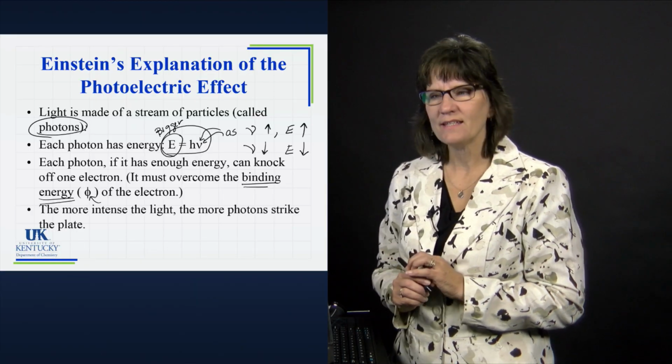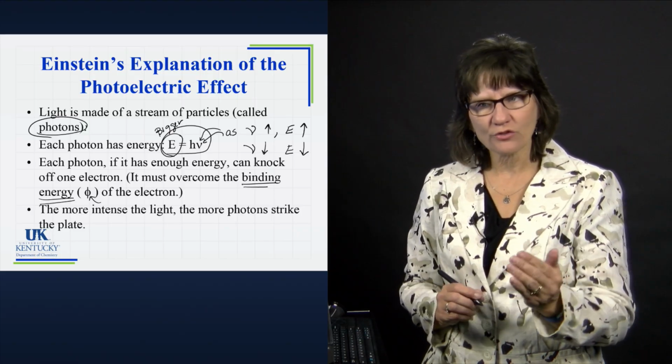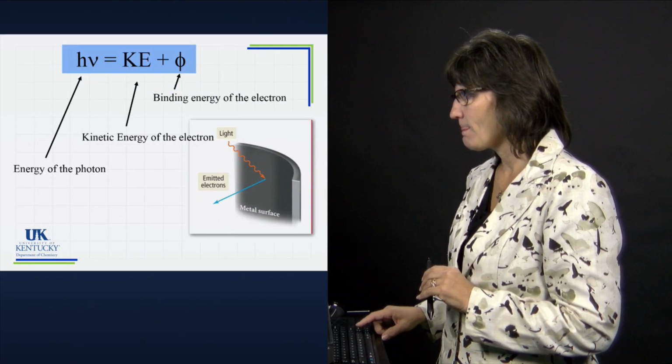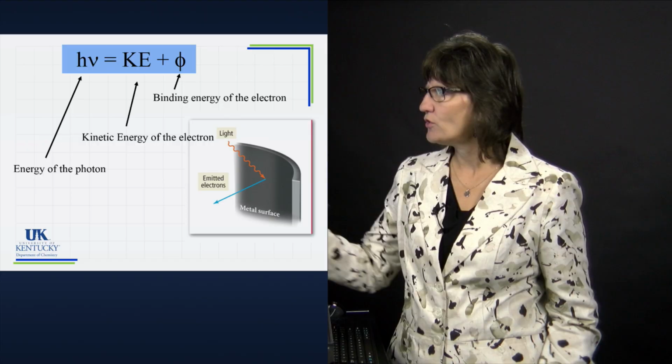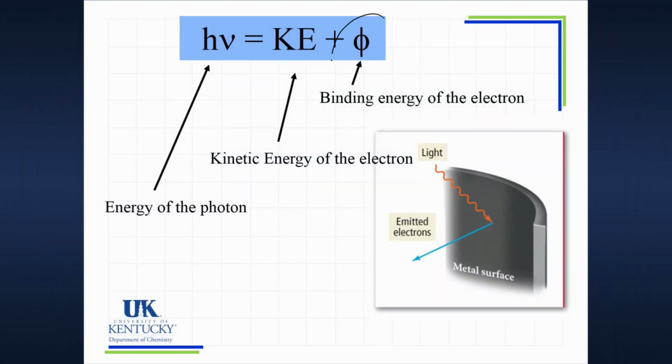So the more intense the light, the more photons are striking the plate. And each photon that strikes a plate will use some of its energy to get the electron off. That's the binding energy. It will use the rest of the energy to give that electron energy. So what we see on the left is the photon's energy. That's the energy of the light.